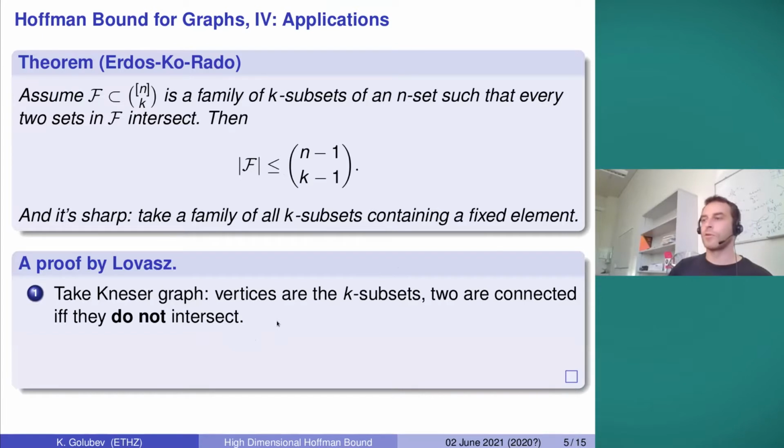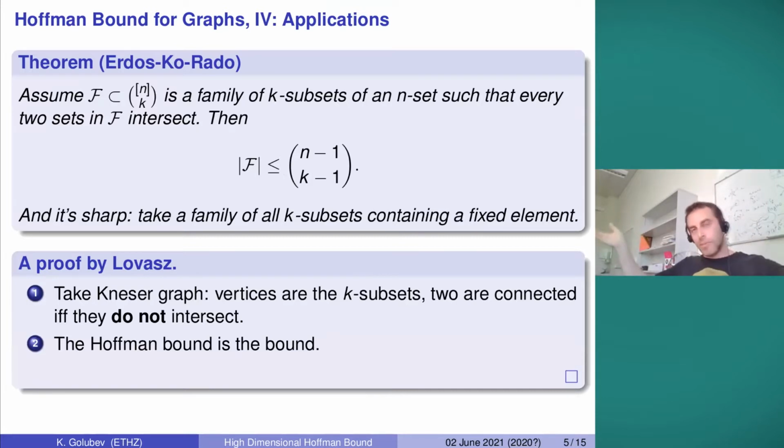So that's exactly what you're looking for. Then you compute the Hoffman bound: you have a graph, you need to compute its eigenvalues, and if you do so, the bound turns out to be exactly n-1 choose k-1, and this is the end of the proof.